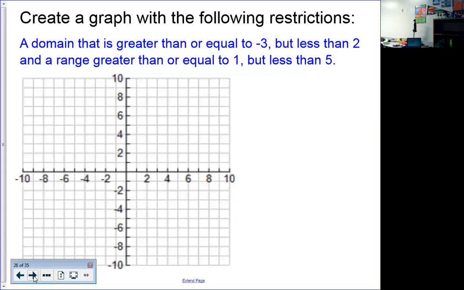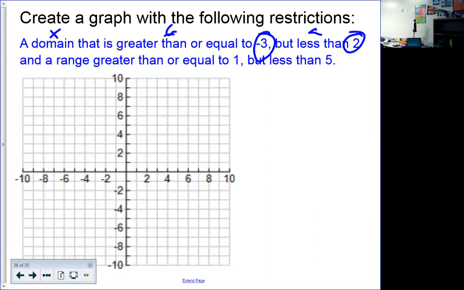All right, so for this problem, we needed to create a graph using the following restrictions. I have a domain that is greater than or equal to -3, but less than 2. So I need to make sure I can write this out. Domain, that is x. I have greater than or equal to -3, less than 2.